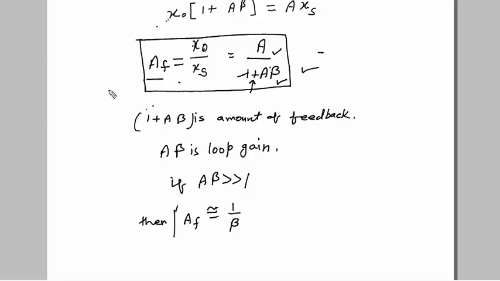This is a very important result which tells us the significance of feedback. Here, the gain of the feedback amplifier almost entirely depends upon the feedback network. Since the feedback network usually consists of passive elements, a stable, accurate and predictable gain can be obtained.